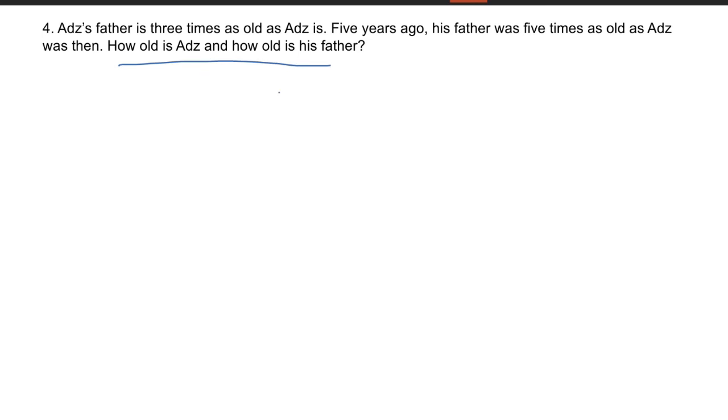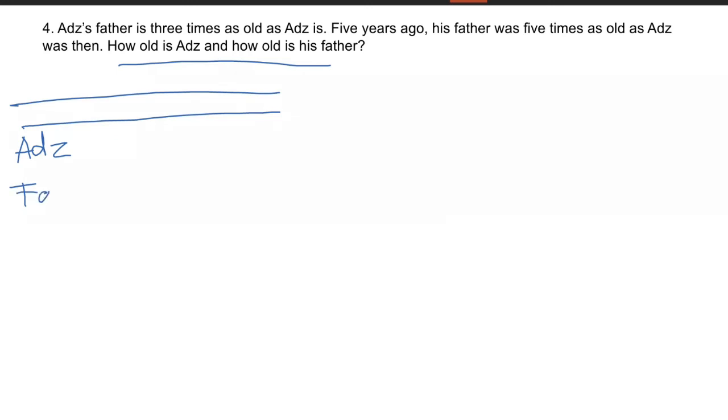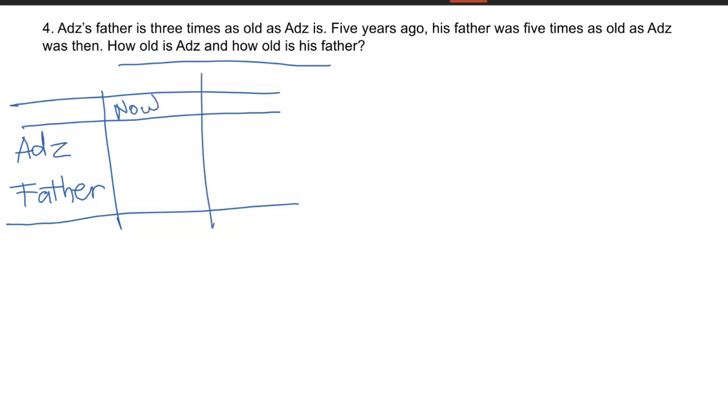So let's solve. Let's create a table. Ads and father. And then this is now. And then we have 5 years ago. So in order for us to plot 5 years ago in our table, 5 years ago, we are going to subtract 5 from the ages of both father and Ads.